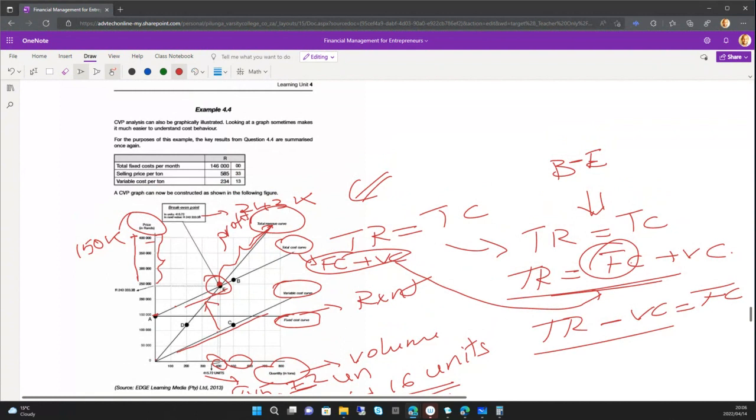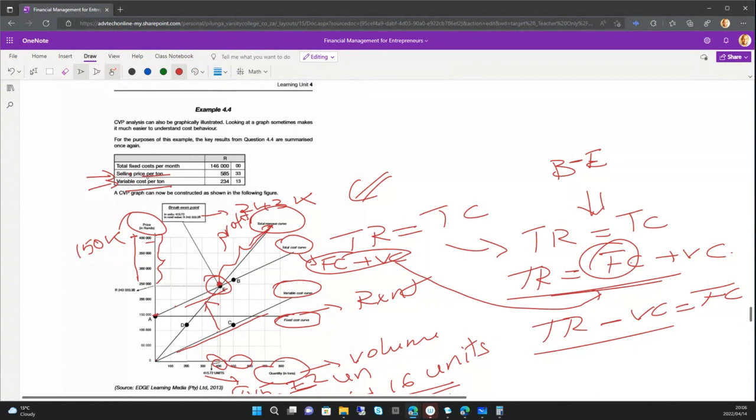Remember, you will always have the selling price per unit and the variable cost per unit. That's why they're giving it to you. Why are they giving you the selling price and variable cost?